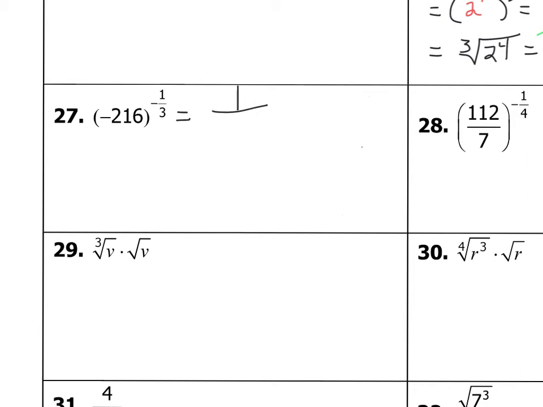So this becomes 1 over negative 216 raised to the positive 1/3 power. Then we're going to actually convert 216 into its exponential form. It's not one of our normal numbers, so I'm going to ignore the negative.